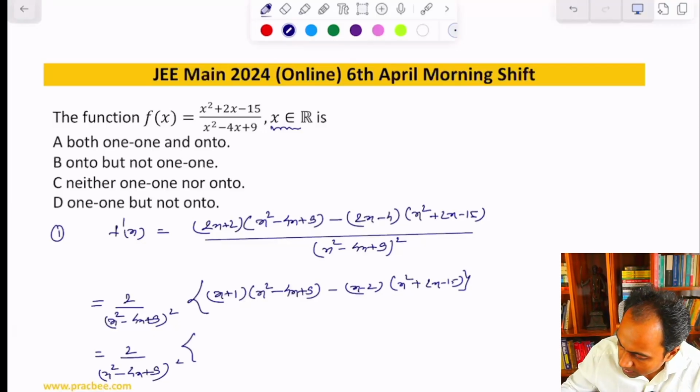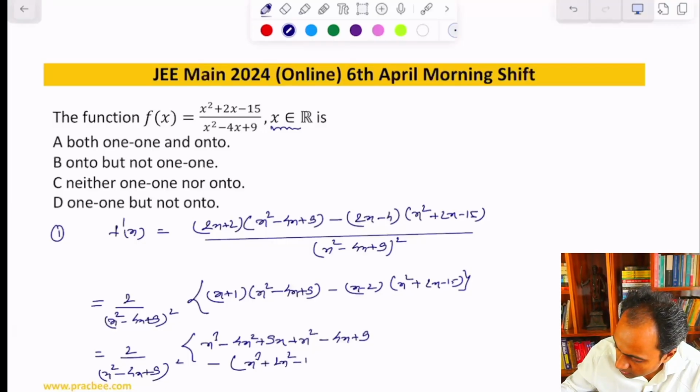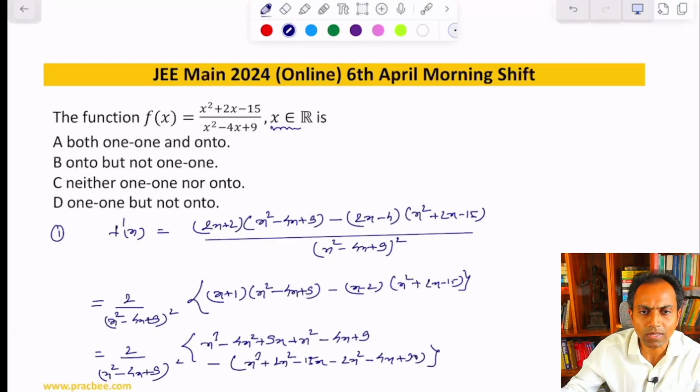If I multiply this, this becomes x cube minus 4x square plus 9x plus x square minus 4x plus 9 and minus x cube plus 2x square minus 15x minus 2x square minus 4x plus 30. This is what I can do.